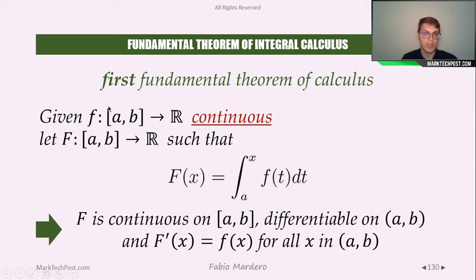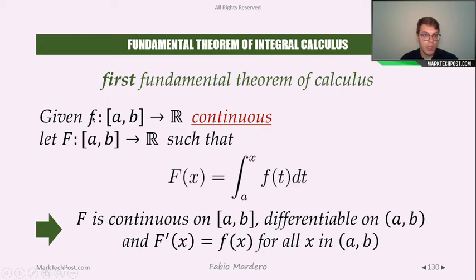We say that we have a function f that goes from [a, b] to R that is continuous. And we have a capital F function such that this is the integral between a and x, where x is a variable, can change.